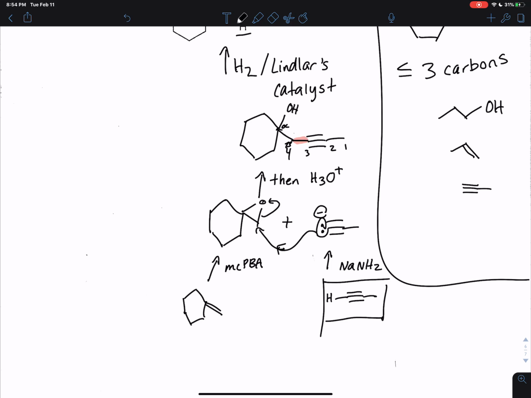Now we have to ask ourselves, how are we going to form an alkene like that? So let's try H2SO4. Let's see how it's going to go. The only thing is I see a terminal alkene. So, but let's say we had the alcohol before, right?